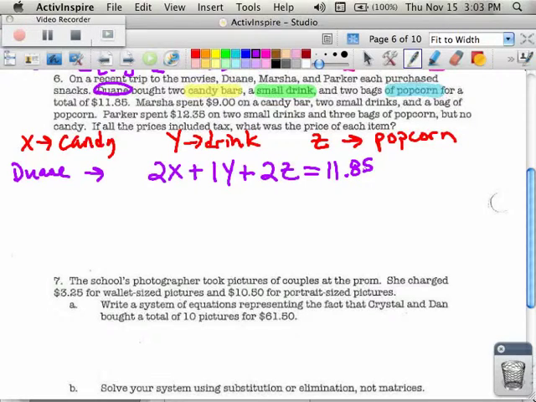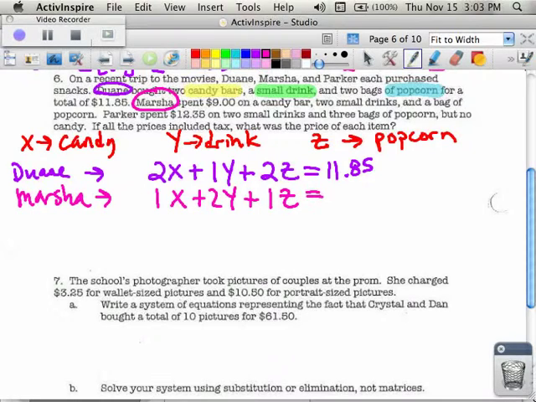And then there was, after Dwayne, Marcia. And Marcia bought one candy bar and 2 small drinks and 1 bag of popcorn, and that totaled, let's see, I think $9 it says.